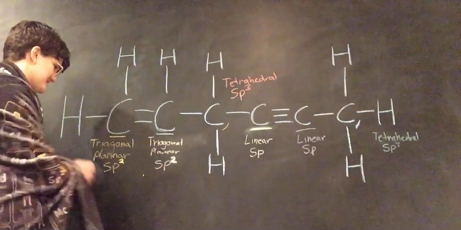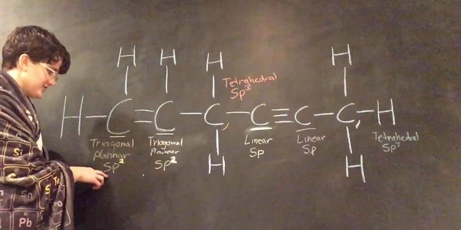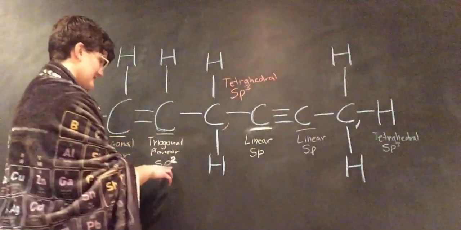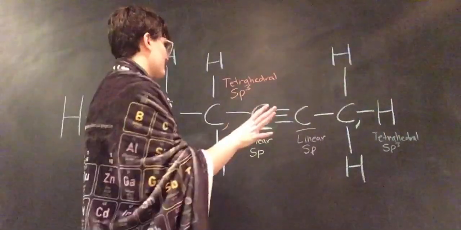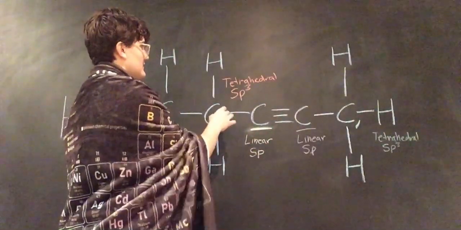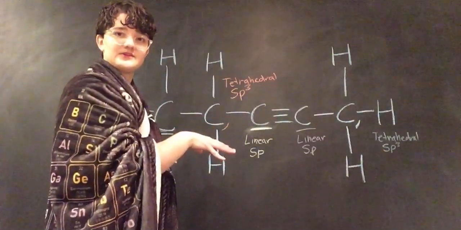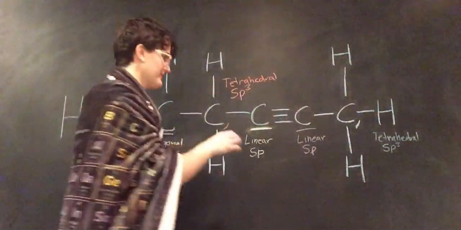So the hybridization around the first carbon is sp2, as it is a trigonal planar electron domain, and then the same thing with the second one, with an sp2 hybridization. Our third carbon here has sp3 hybridization, as it has a tetrahedral electron domain.